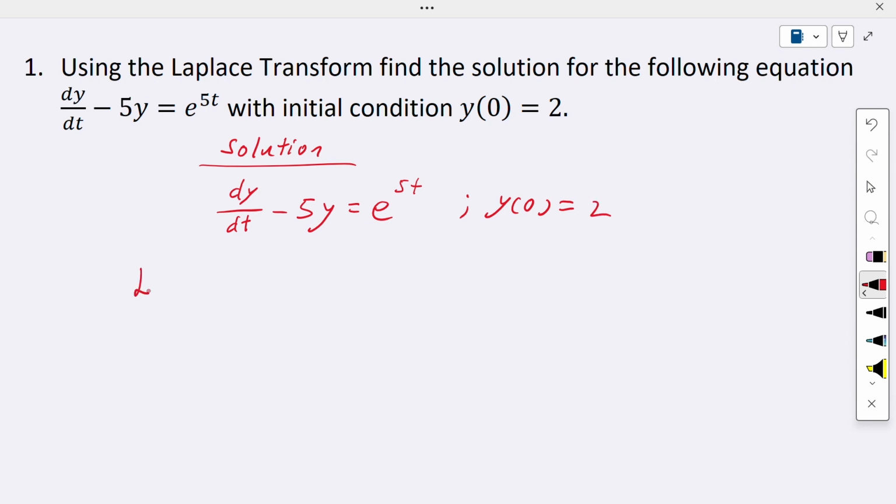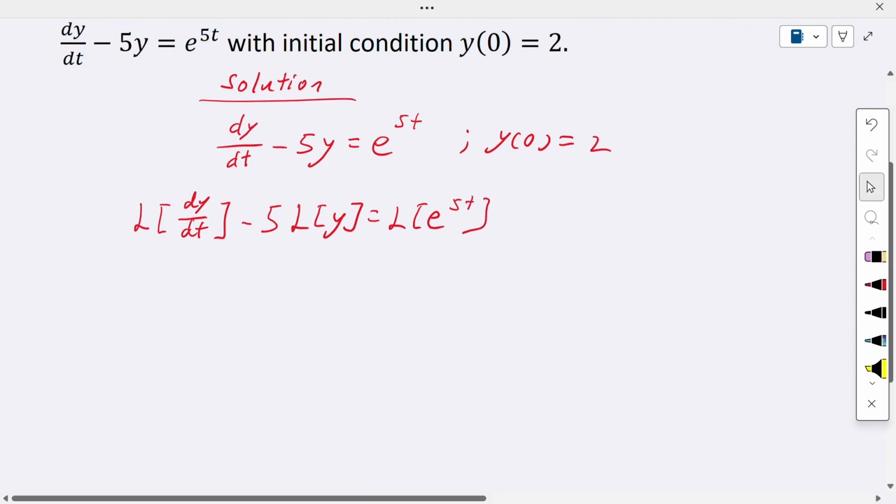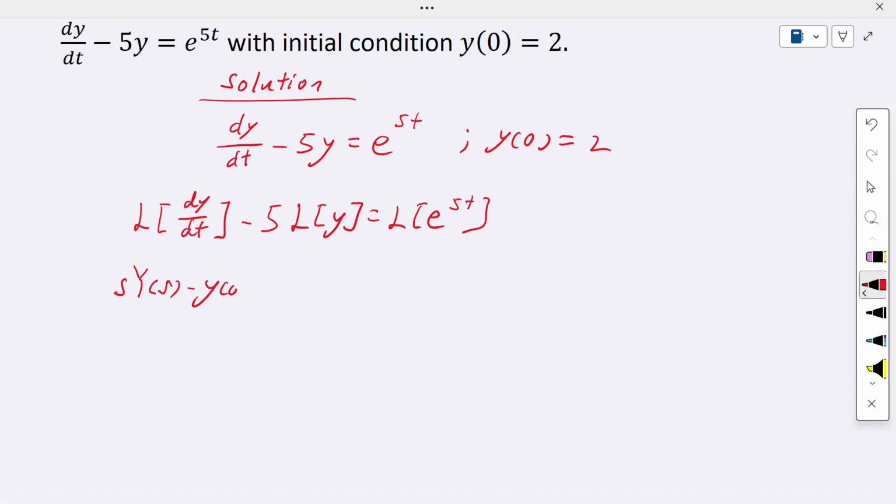Okay, so we're going to put the Laplace operator for the dy/dt, here is 5 Laplace operator of y, and then here we have e^(5t). Okay, so this gives us two terms. We have x, capital Y(x), then minus the initial condition y(0), minus 5 capital Y(x). So the Laplace transform of e^(5t) is equal to 1/(x - a), so it is 1/(x - 5).